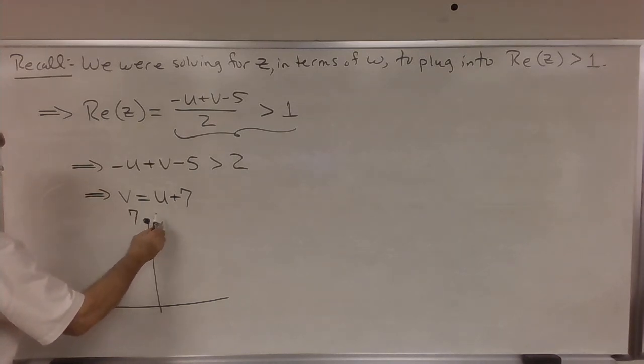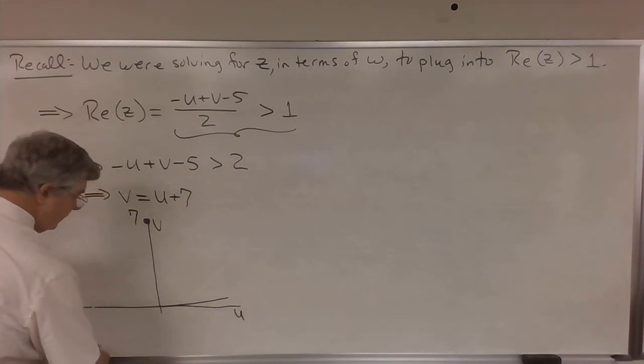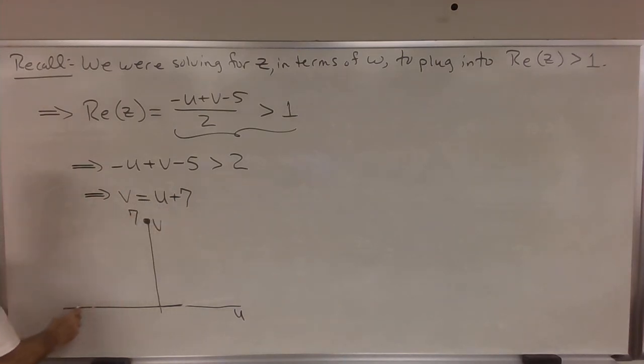This is the v-axis, and this is the u-axis. It's a line of slope 1 and y-intercept 7.